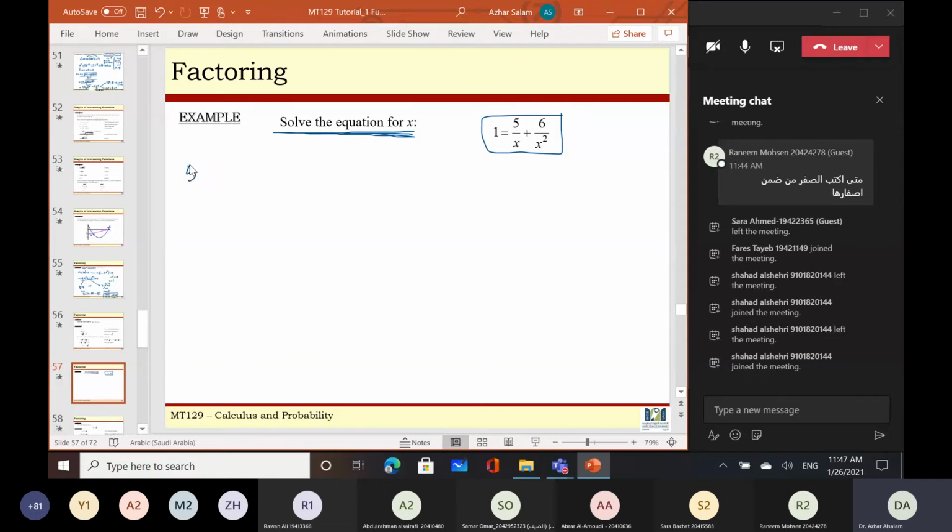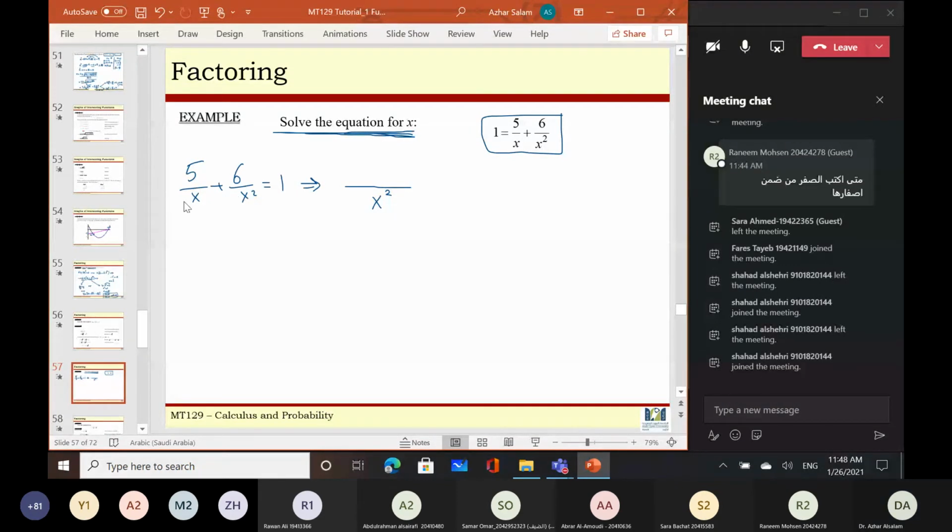Okay. So here I have 5 over x plus 6 over x squared equals to 1. Okay. I unify the denominators. So here instead of multiplying, بدل ما أحصل على x أس 3, I have a common factor which is actually x squared. الأبسط أن العامل المشترك هنا هو الجي سي إف اللي هو الجريت كومن فاكتور اللي هو x تربيع.